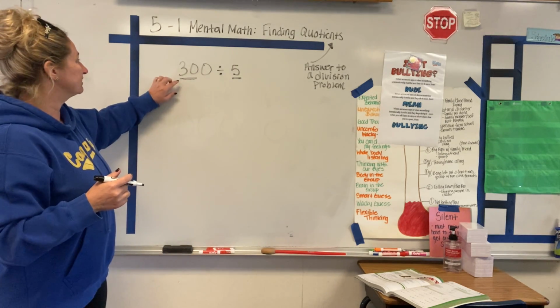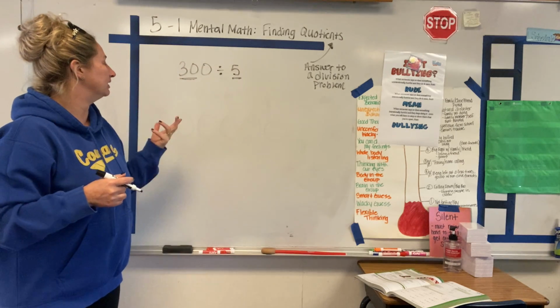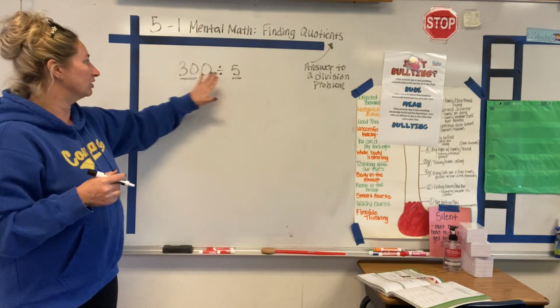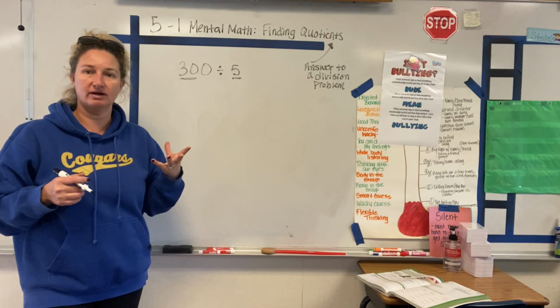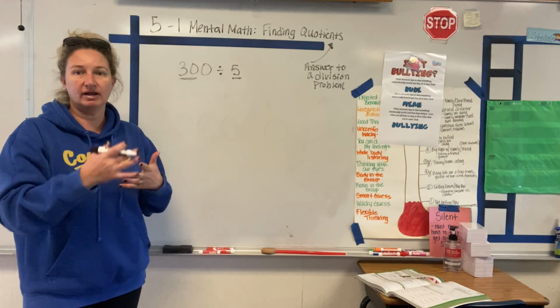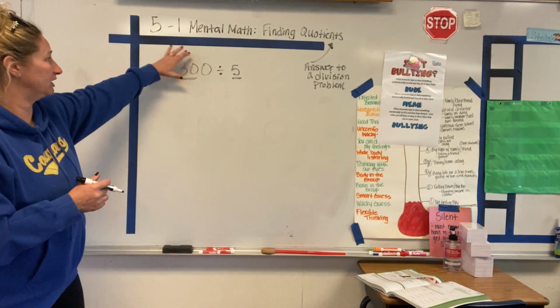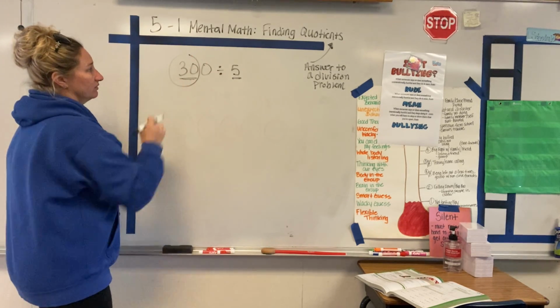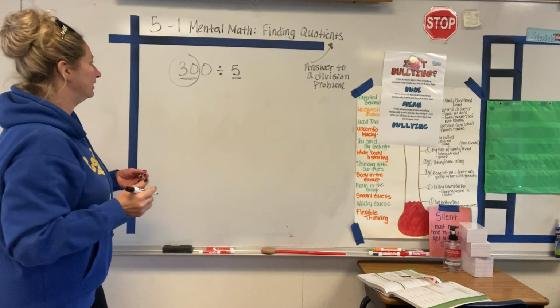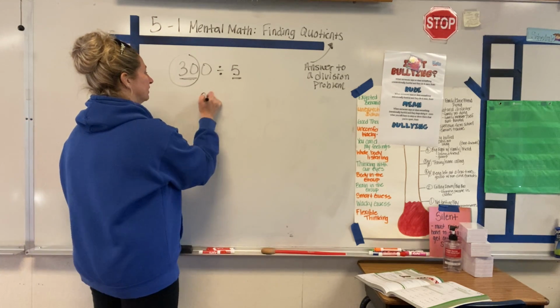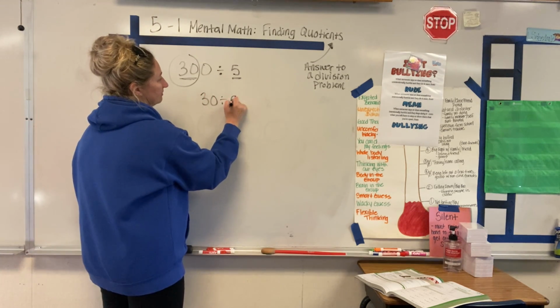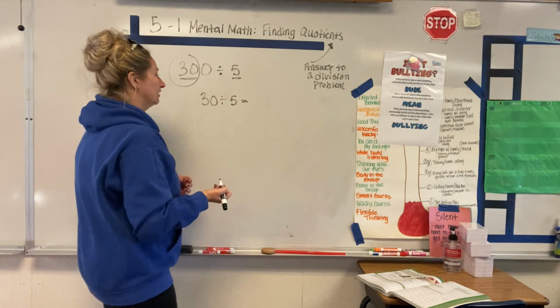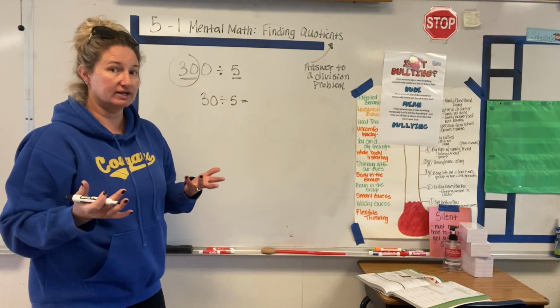So it wouldn't make sense to do 3 divided by 5 because 3 is smaller than 5, and we wouldn't wind up with a nice round answer for that. So I'm going to use 30 because I know that 5 can go into 30, okay? So 30 divided by 5 equals, if you know the answer, you can write it down.